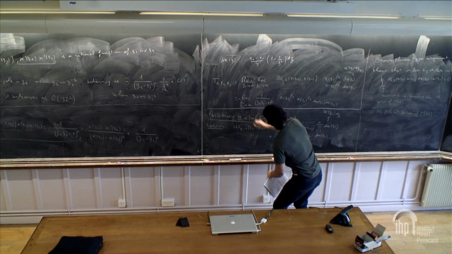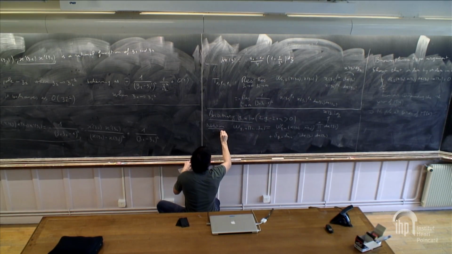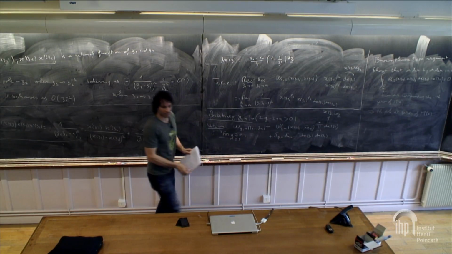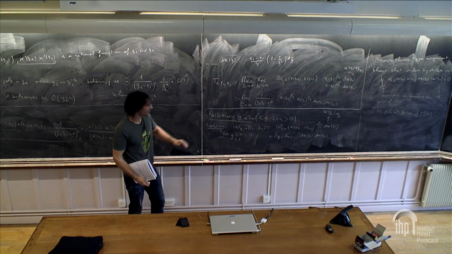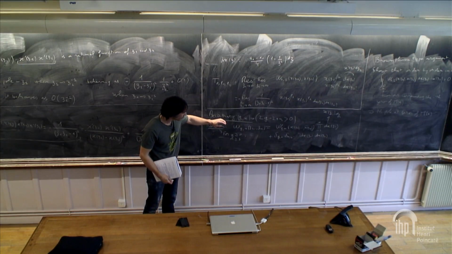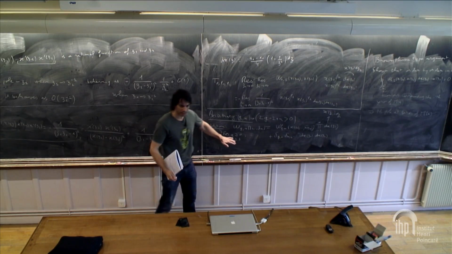So the general case is this one, and the notation is for g at least equal to 0 and n at least equal to 1. No, there is no stability condition for this.